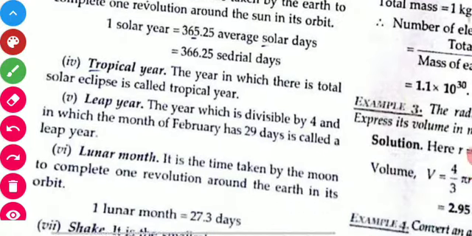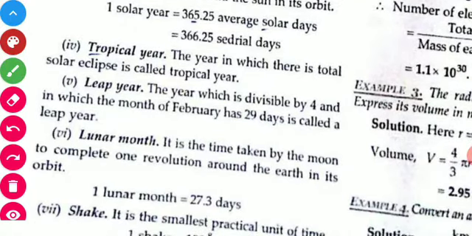Next is the tropical year. The year in which there is a total solar eclipse is called the tropical year. One is the leap year.